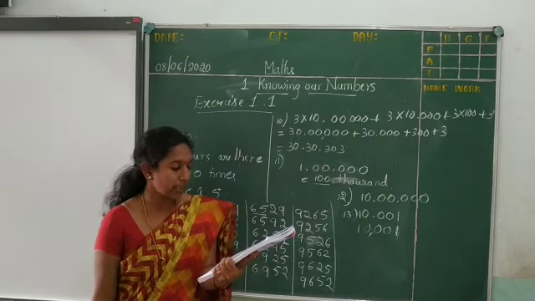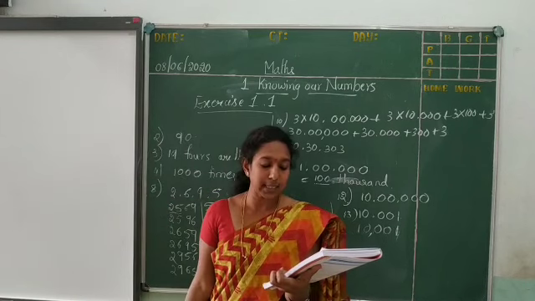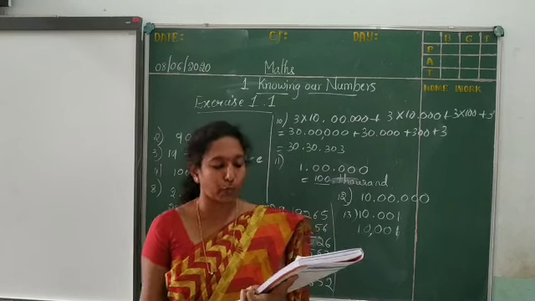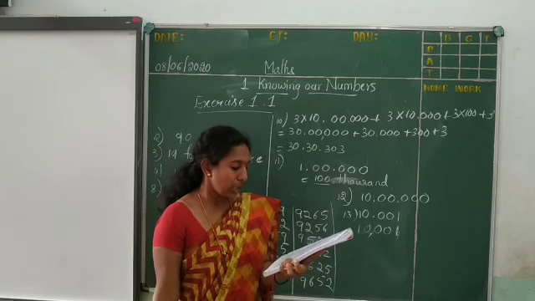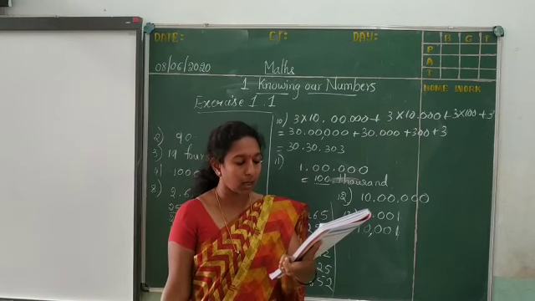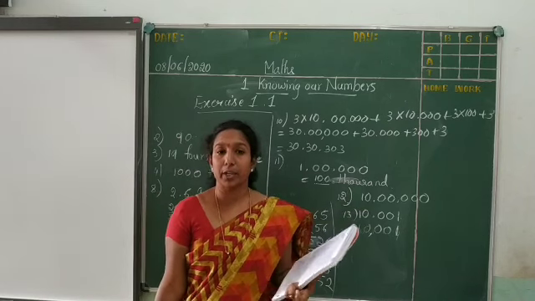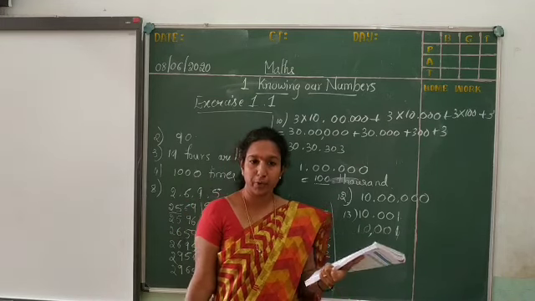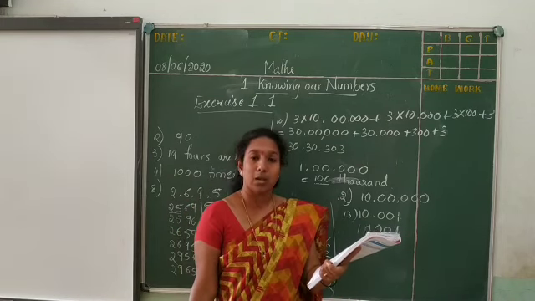Next, the smallest and the greatest number with the digits 3704,108. So you know that you have to arrange the numbers in the ascending order for the smallest number and then descending order for the greatest number. Okay.